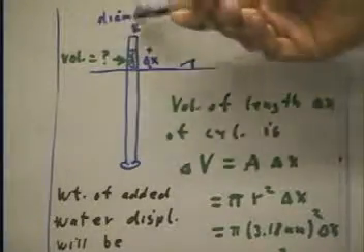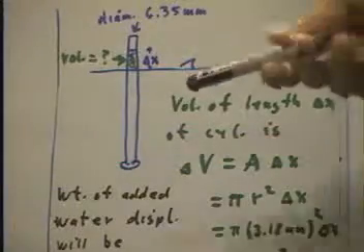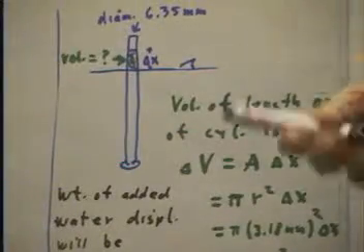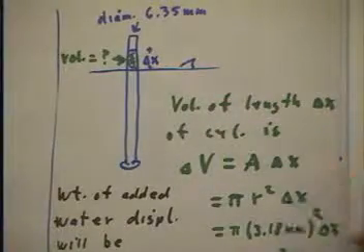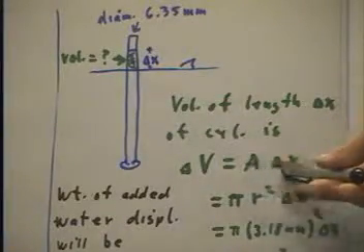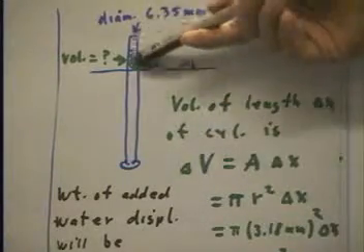Now the diameter of this dowel is 1/4 inch, 6.35 millimeters. So the volume of the length delta x is its cross-sectional area times delta x. That's going to be our delta V when we push this thing down.